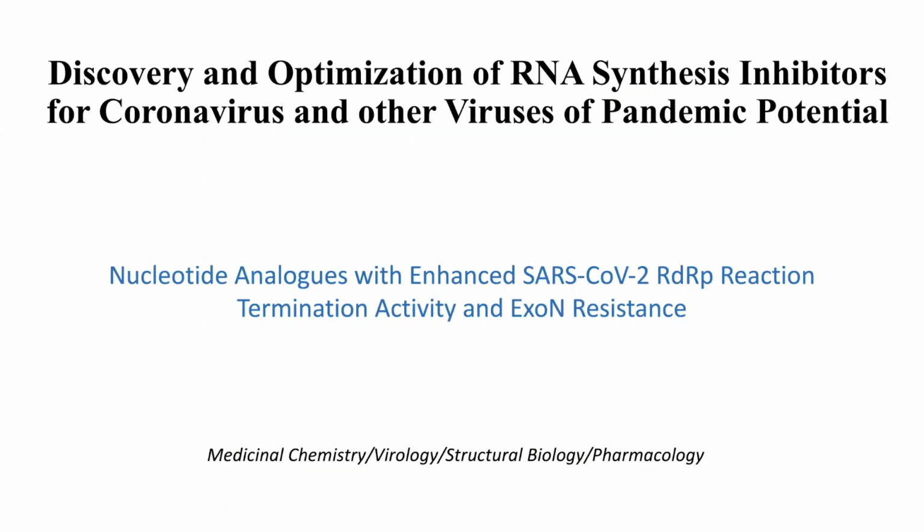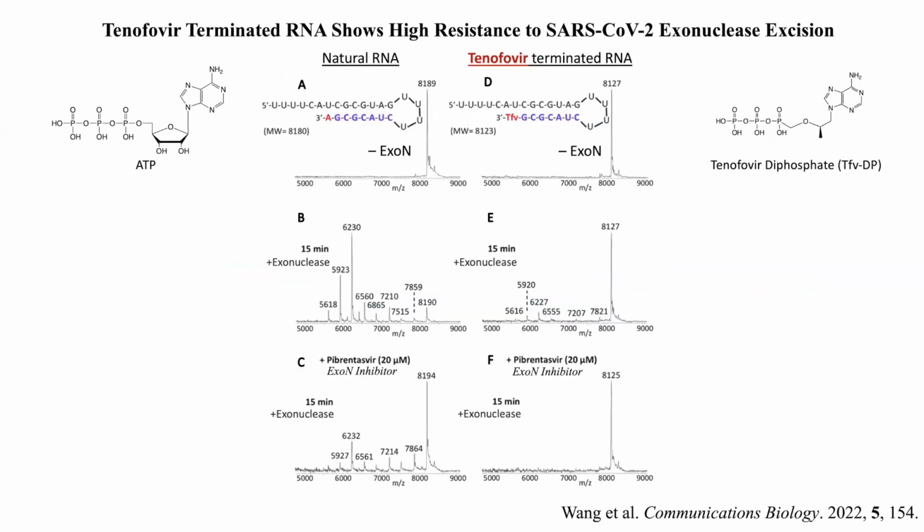So now I'm going to switch gears to the second strategy, which is to design a synthesized nucleotide analog with enhanced SARS-CoV-2 RDRP reaction termination activity that also resists exonuclease, meaning the nucleotide itself terminates the RDRP reaction and also resists removal by the exonuclease.